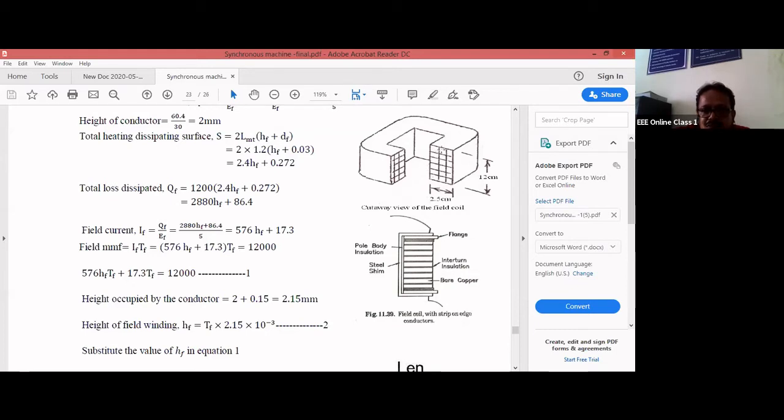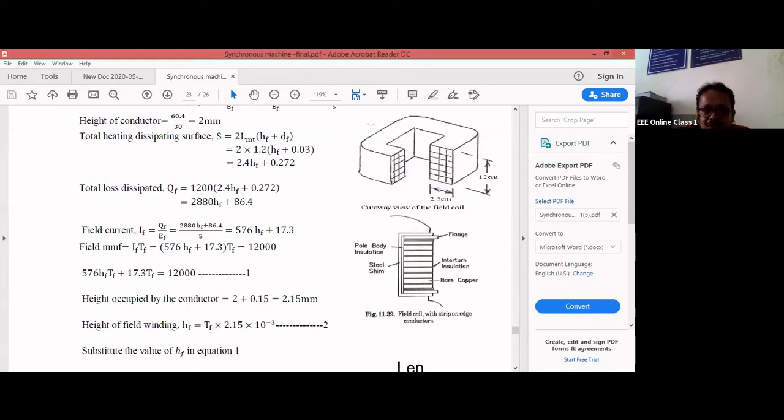This is 2, and after that there will be some insulation. The total height will be 2.15, including the insulation. This is one conductor, and this is another conductor. So this will be the total height of an individual conductor.